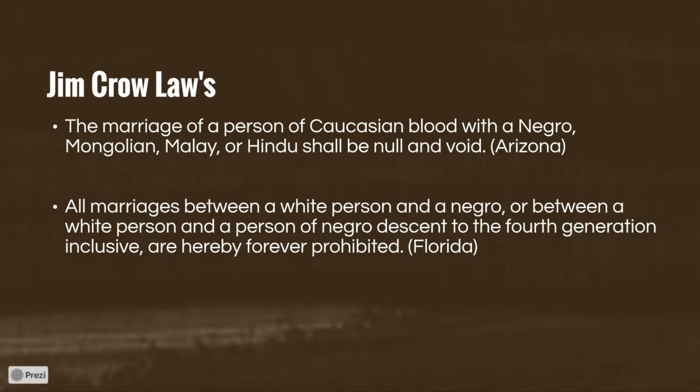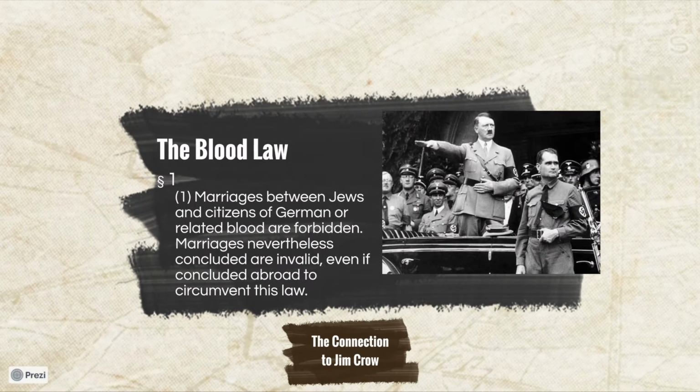So the Jim Crow laws criminalized the intermarriage of black people and white people, or anyone who is white with anyone who is not white. And with the blood law, we have criminalizing the marriage between Jews and Germans.